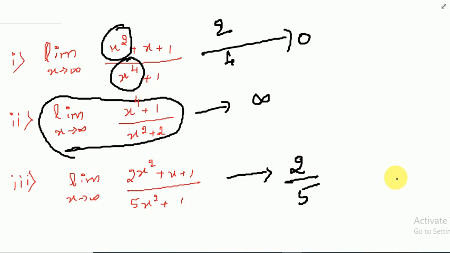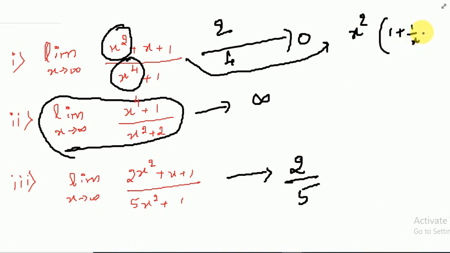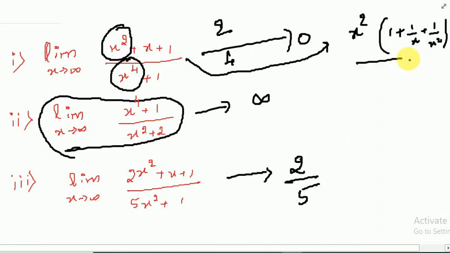Before this, let me explain why these results take place. In this first result itself, if you take x square outside from the numerator, it will be 1 plus x divided by x square, which is 1 by x, plus 1 divided by x square. In the denominator, take x raised to 4 outside: 1 plus 1 upon x raised to 4.